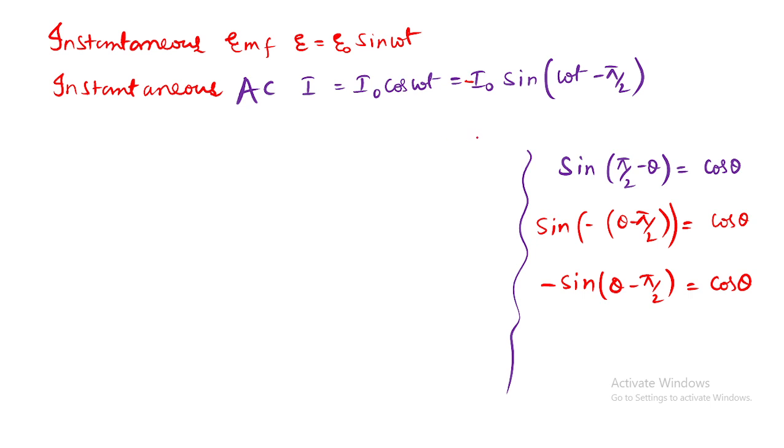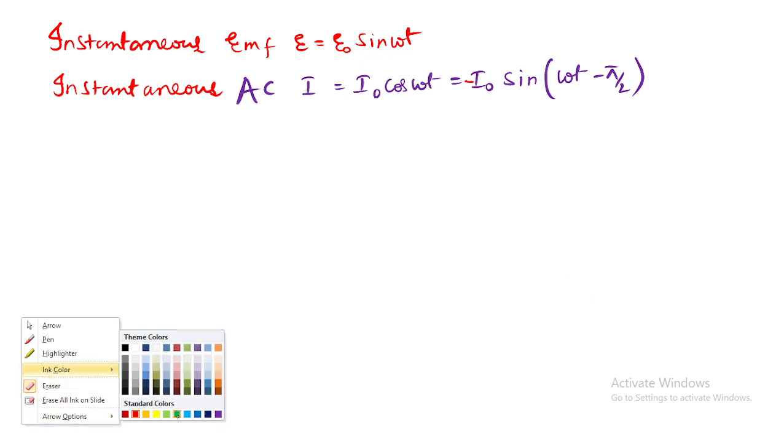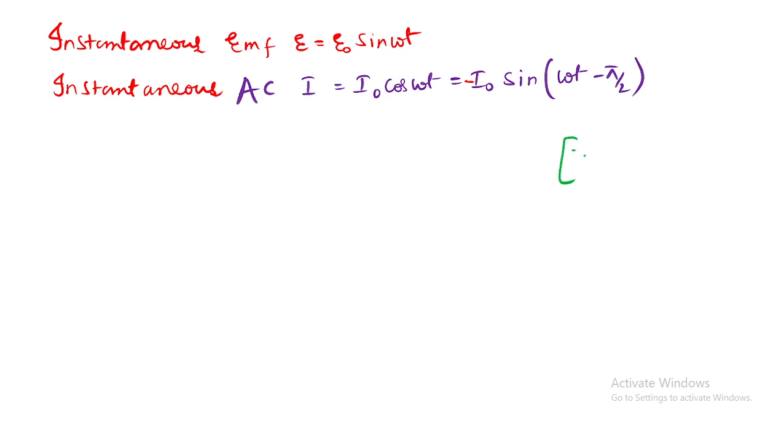It's correct, right? Okay. The formula is simple: minus sine of theta minus pi by 2 will be cos. That's what I am using right now.